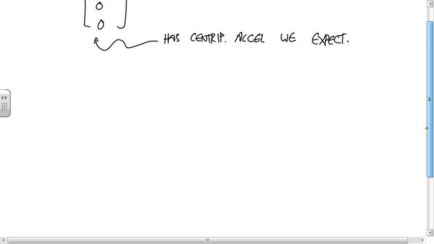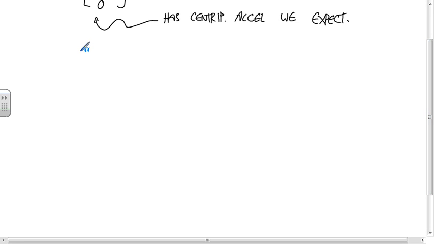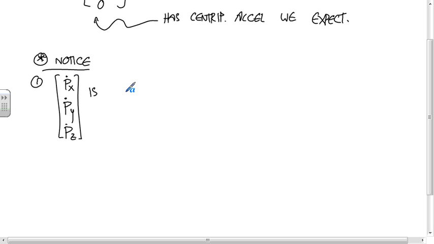Okay, so there are a few things I want you to notice about this. First, notice that Px dot, Py dot, and Pz dot is the observed or apparent velocity vector.